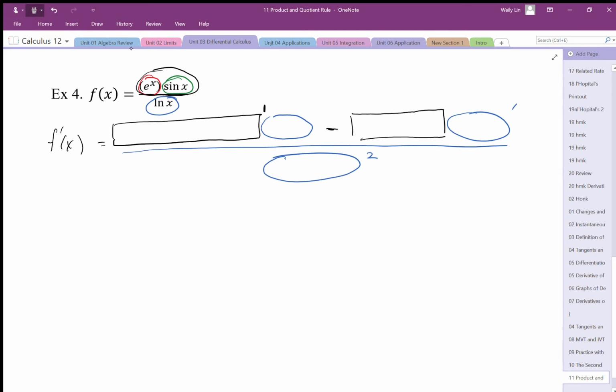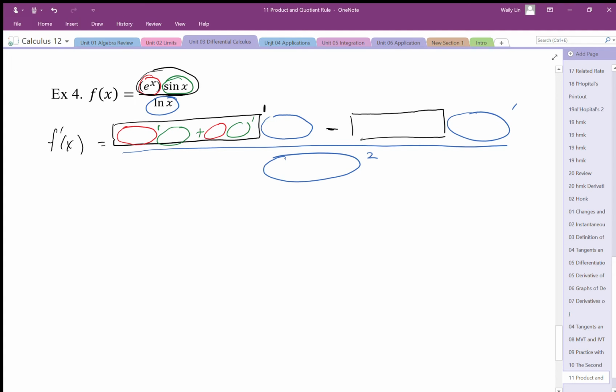Now, inside of this quotient rule, I'm going to apply the product rule. There's going to be the derivative of the first part times the second part, plus the first part times the derivative of the second part.